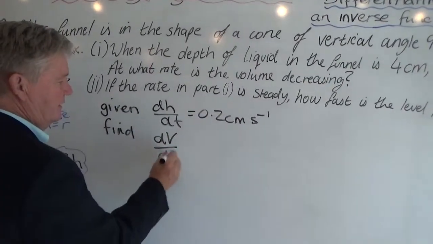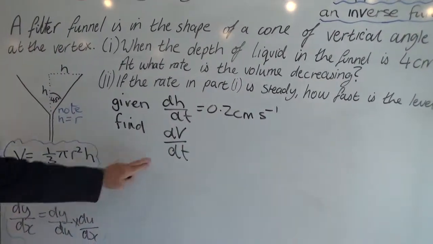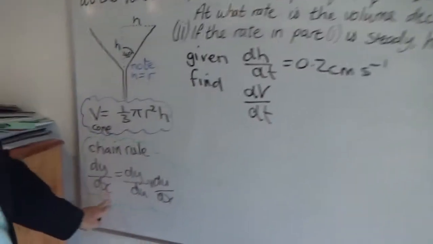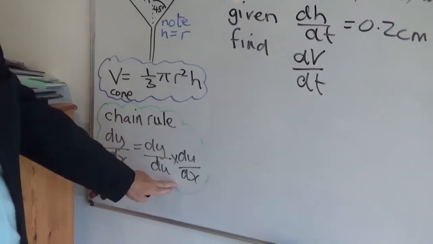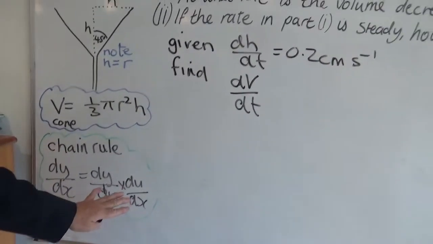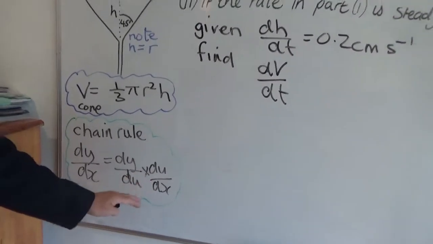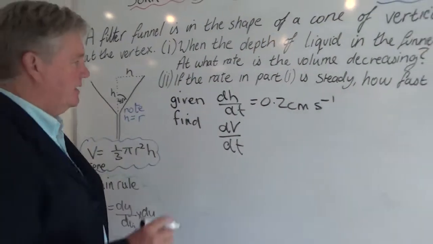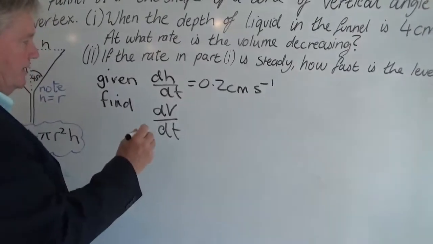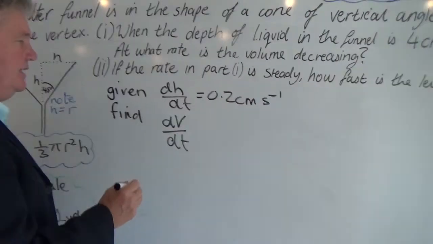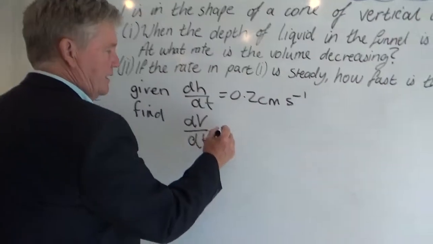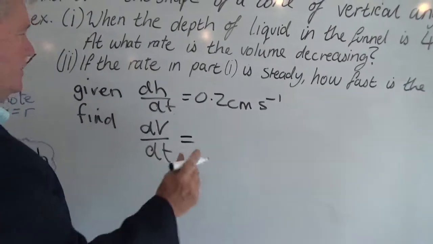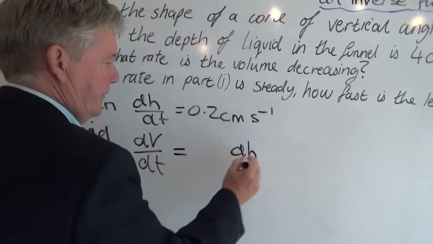find dV/dt. Now, using the chain rule, dy/dx equals dy/du times du/dx, I'm going to change the differential functions in that, and we're going to say if we want to find dV/dt, we can say that, and we know dH/dt.